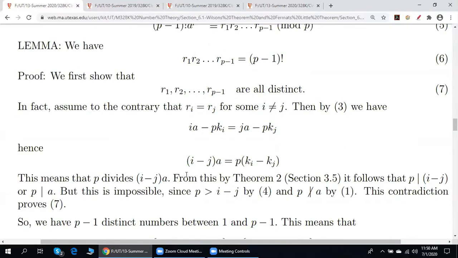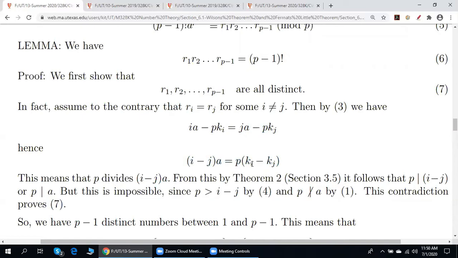Here is what we do next. Let us move this to the left and this to the right. After that, factor out A on the left and factor out P on the right. We get this.